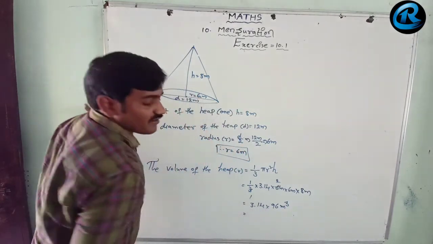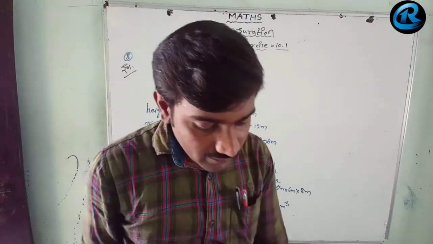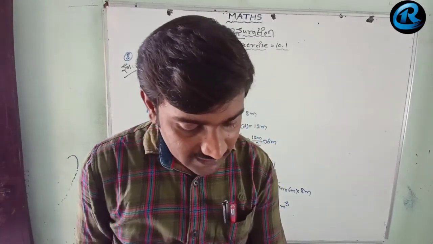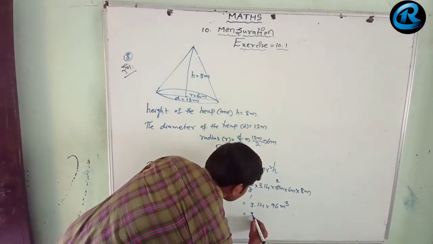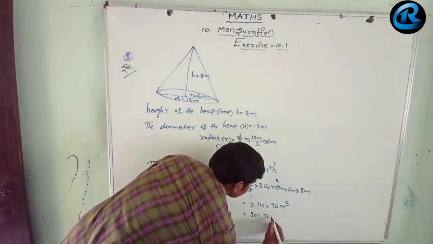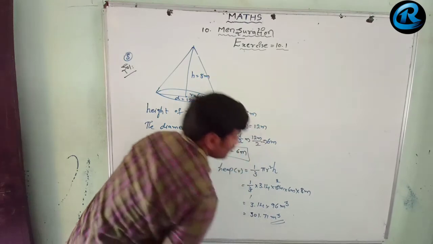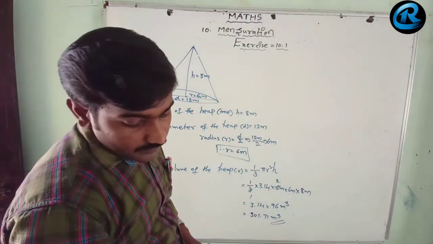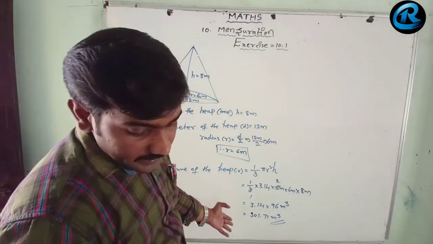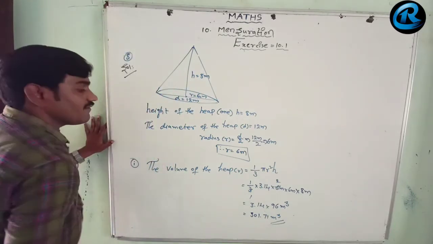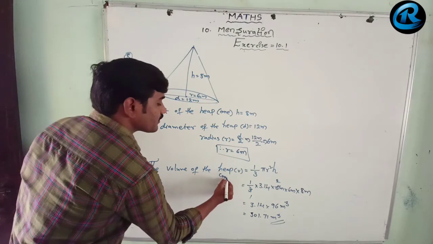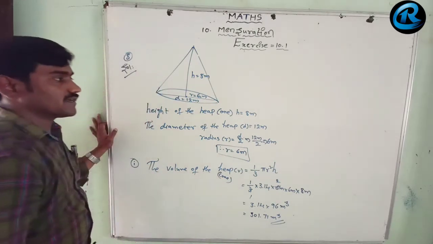Now 3.14 into 96, that is 301.71 meter cube. This is the volume of the heap. This first thing is completed. Volume of the heap is nothing but the volume of the cone. Volume of the cone is completed.